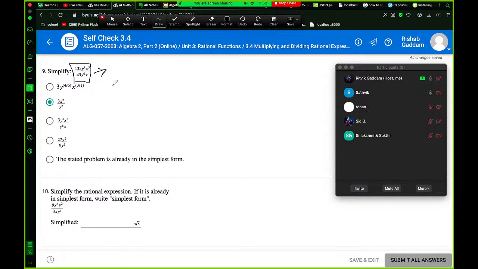Well, because if you divide 45 by 135, you will get 9.